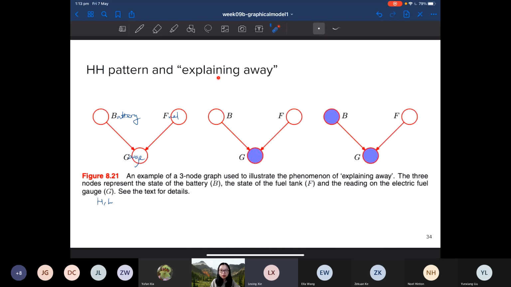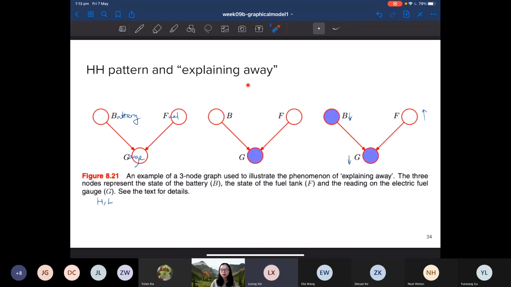So this is the phenomenon that's called explaining away, right? If I know the gauge is low and the battery is low, then there's more chance of the fuel being fine or high. If you manipulate the conditional probability tables in the book, as the book does, you can verify this intuition.